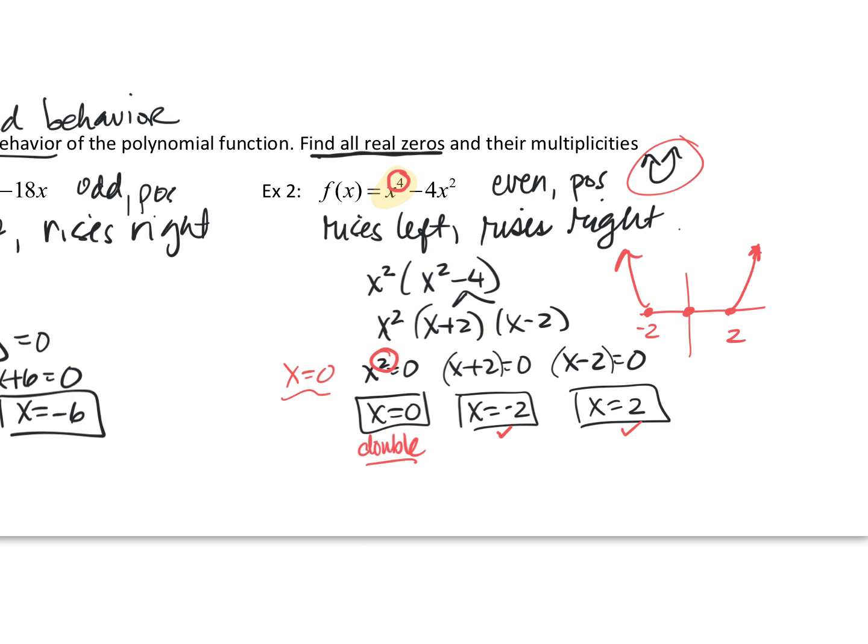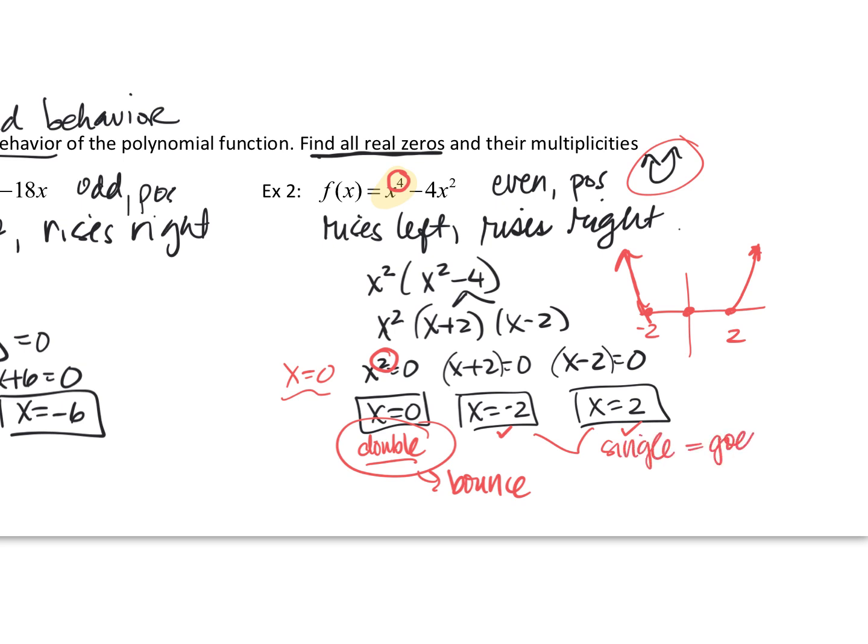So the next thing I have to do is figure out what's going on in between those values. Is the line going through the x-axis, or is it bouncing off, or what the heck is actually happening? Well, being a double root, that means it's going to bounce. So it bounces at 0, so that means it's going to go through the single roots.